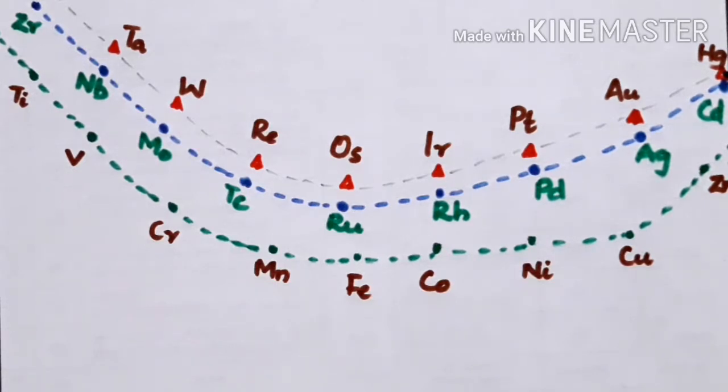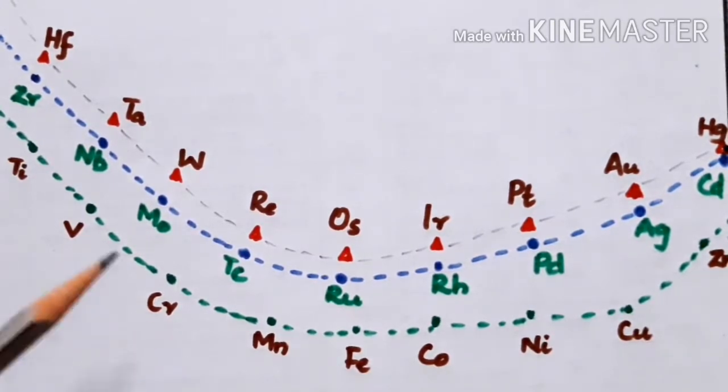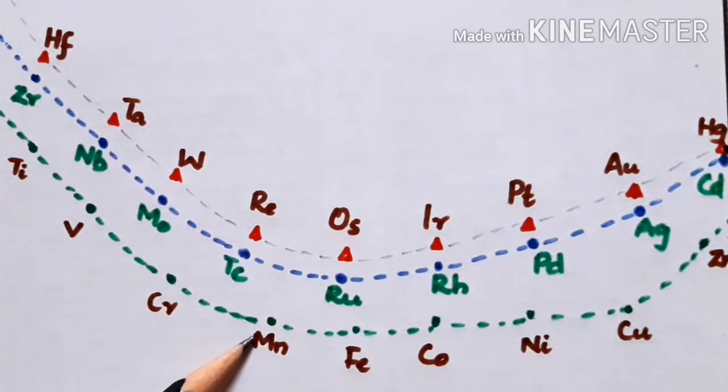On analyzing the graph here, you find that three different series are given: 3D series, 4D series and 5D series. You find that the atomic sizes keep on decreasing here, and later towards the middle it is almost the same, and towards the end it is slightly increasing.